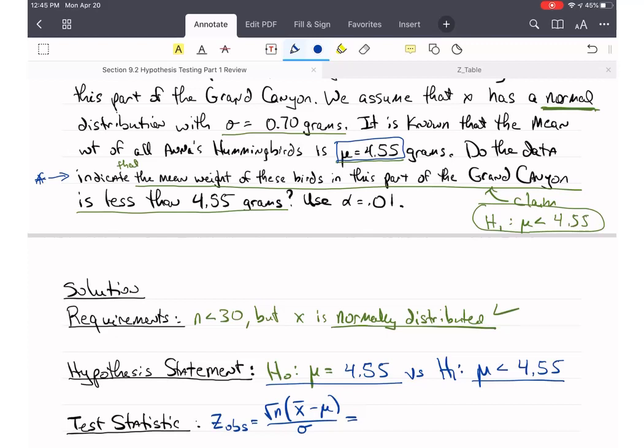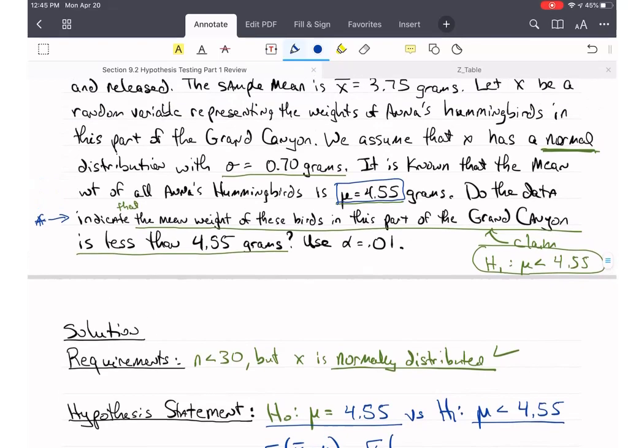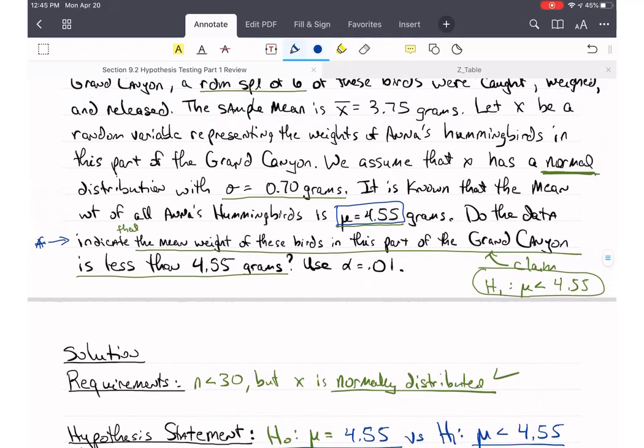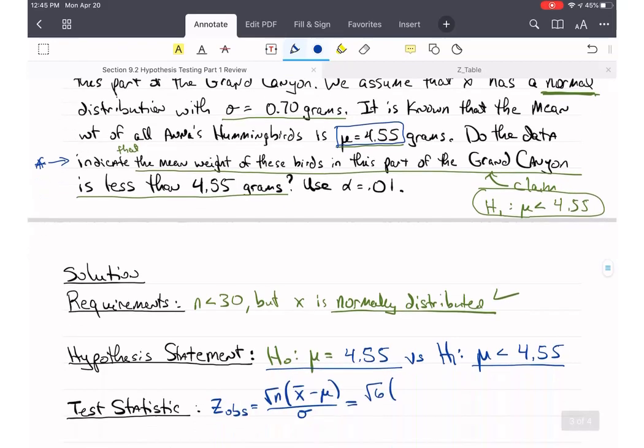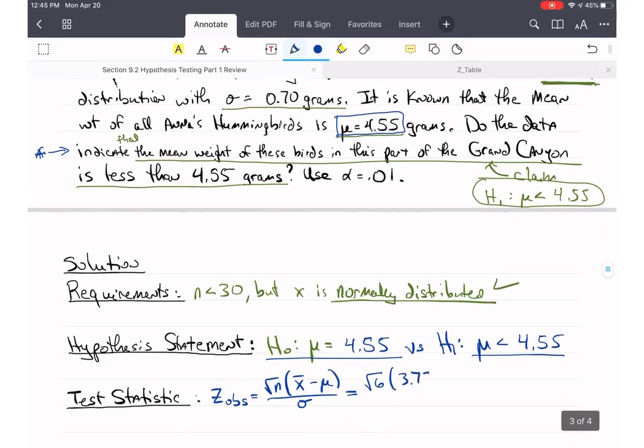So square root of 6, x bar is 3.75, minus mu, here 4.55, divided by sigma, and sigma is up here, 0.7.